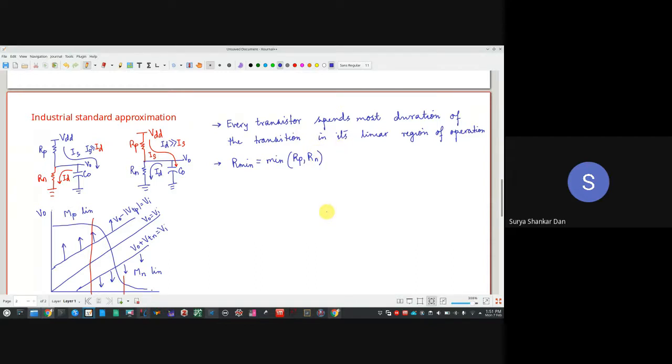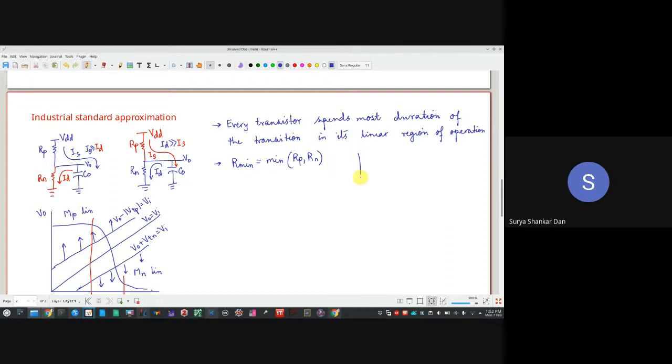Okay. Now, we will be having Rp and Rn, but for the PMOSFET and NMOSFET, one of them will be in linear, the other one will be in saturation. So most of the time it will be like this. That is the first thing which we have understood already, the first point I have written here. So if one of the transistors is in linear and the other one is in saturation, which transistor will have the higher resistance?